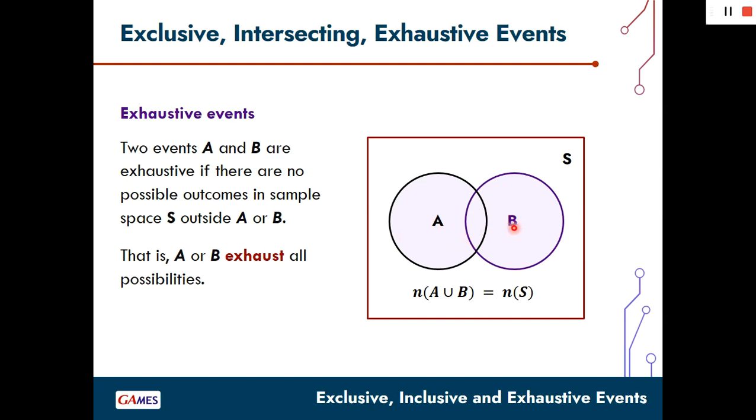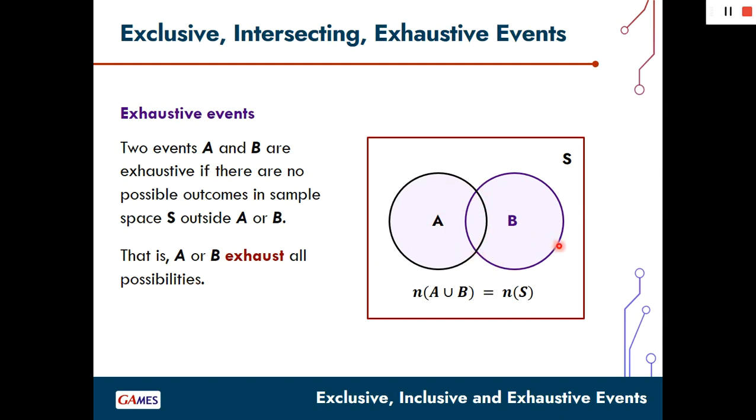So these events A and B are said to be exhaustive events if you cannot find possible outcomes in the sample space outside of A and B, which means all the possible outcomes you would have in this entire sample space, you would actually find them in A and B. So if you have 38 possible outcomes, you would have those 38 outcomes within the union of these two events.